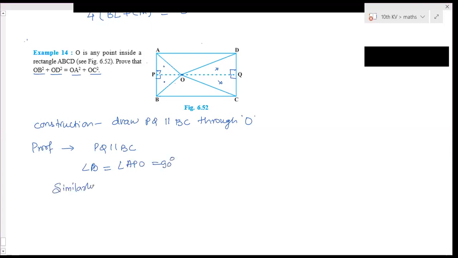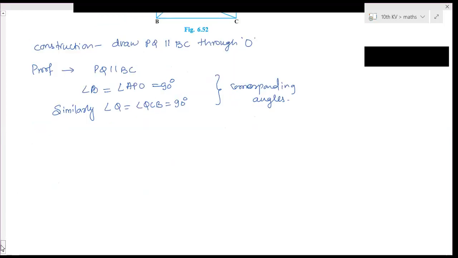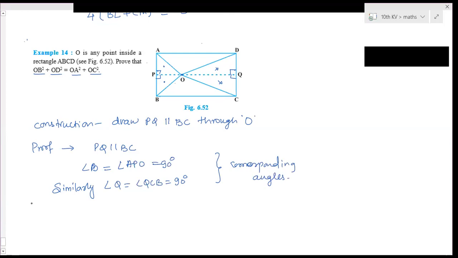Similarly, angle Q is equal to angle QCB, which is 90 degrees. Corresponding angles. Okay, so we have done the 90 degrees first. We write that 90 degree part, and then for the 4 triangles use Pythagoras theorem.